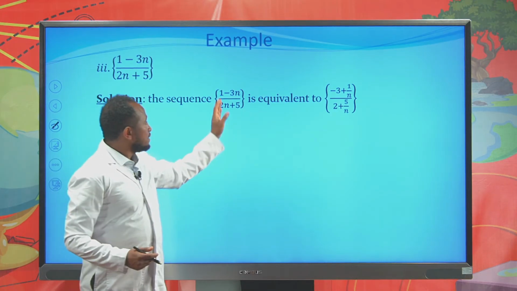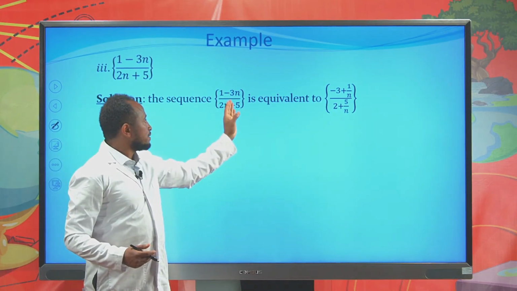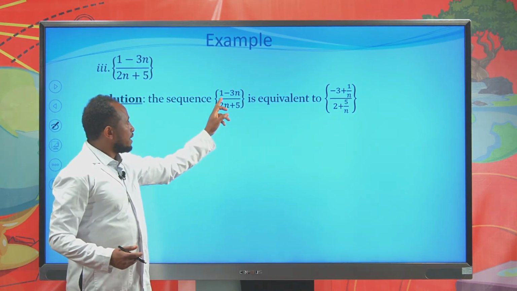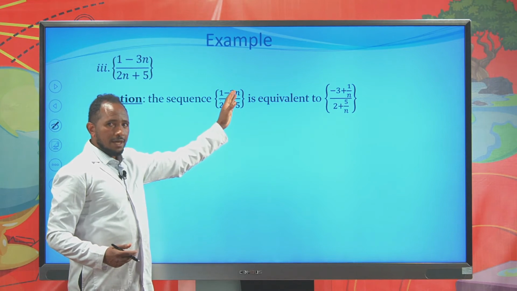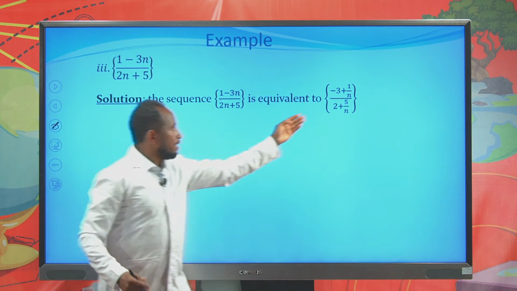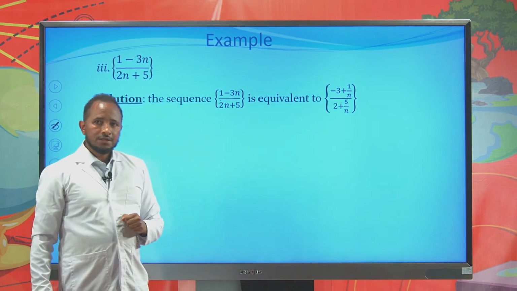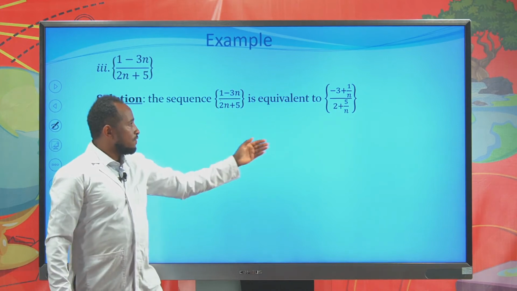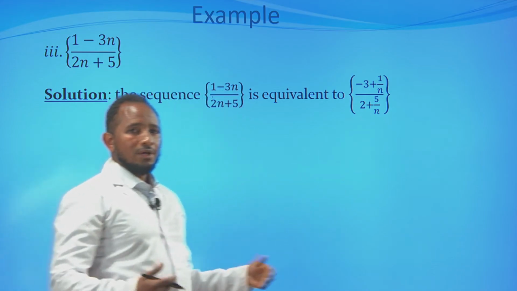If you divide both the numerator and denominator by n, you get this result. This becomes 1 over n. This becomes minus 3n over n, which is minus 3. So minus 3 plus 1 over n in the numerator, and in the denominator, if you divide by n, 2 plus 5 over n. This is it.